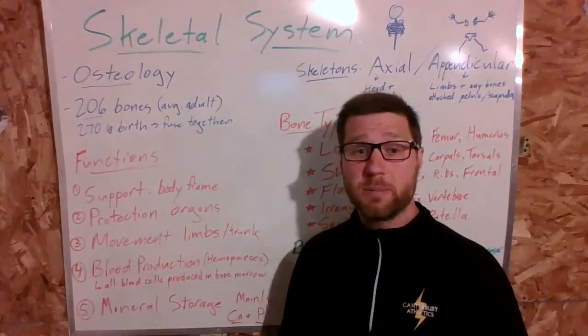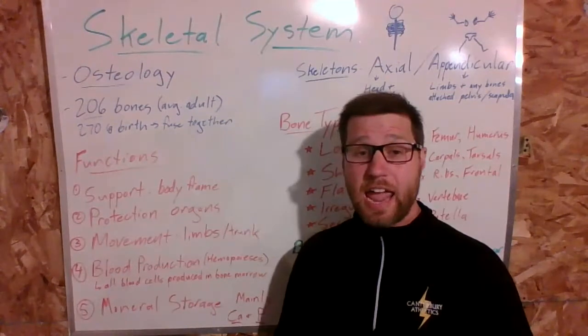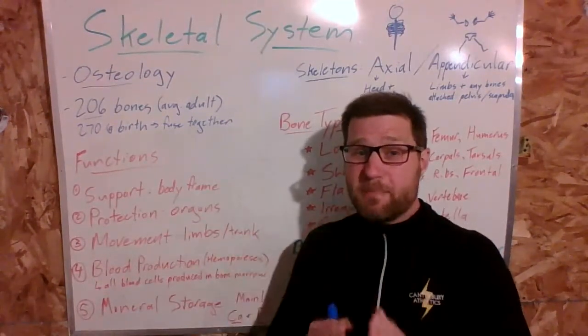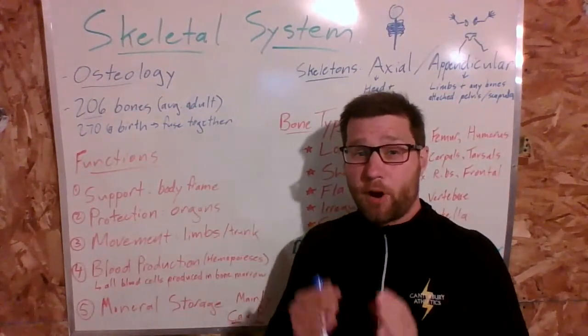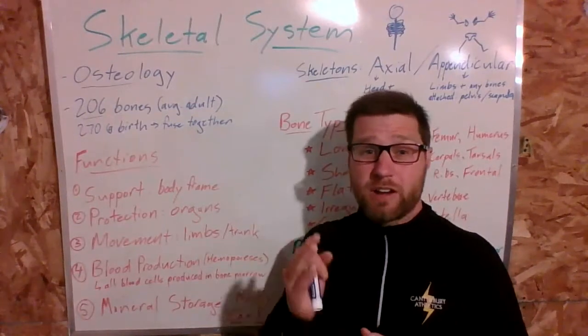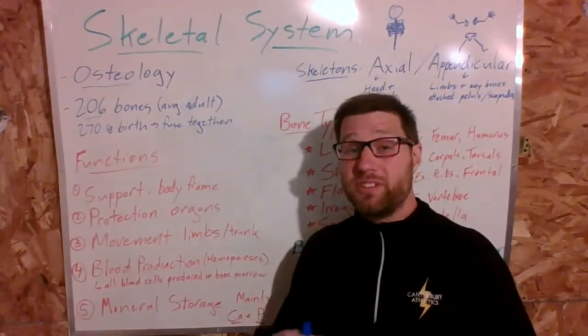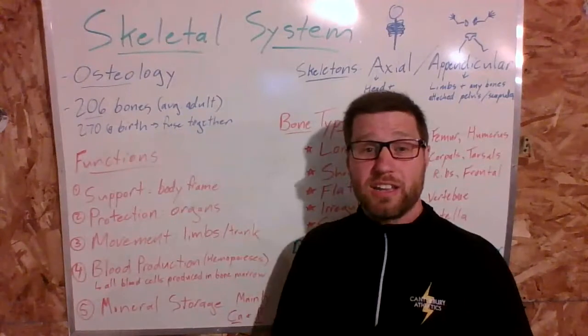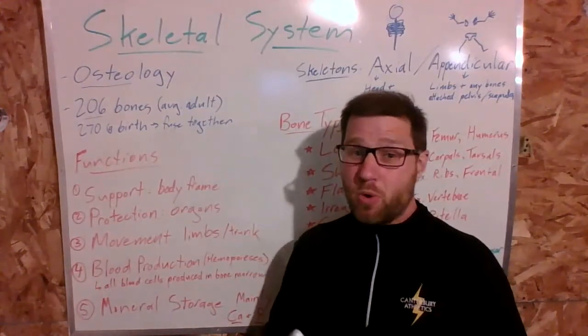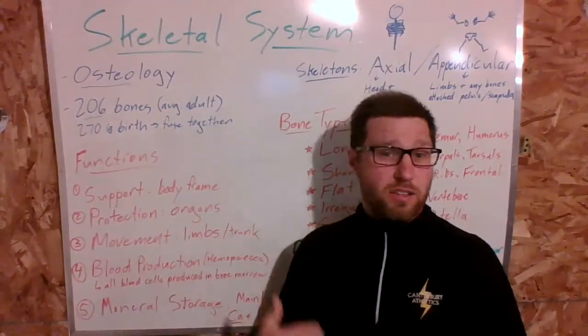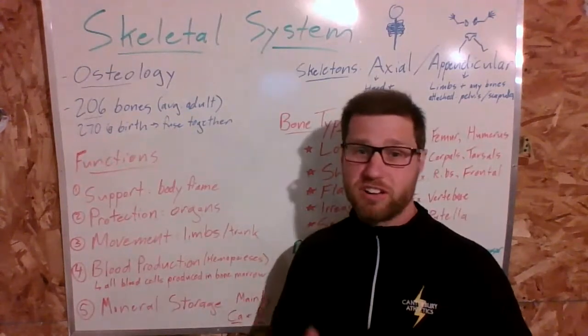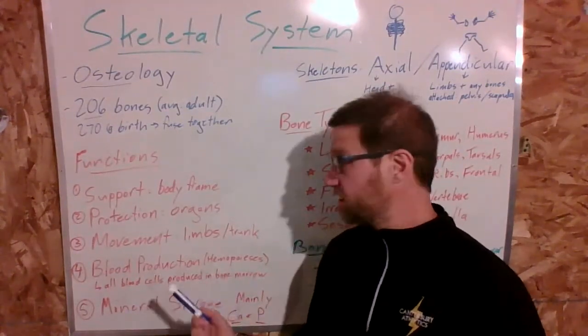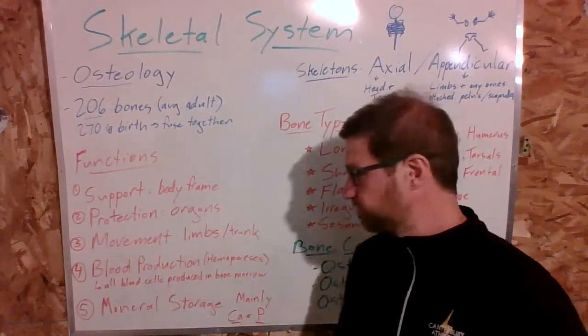It happens in the bone marrow specifically, in the very deep part of your bone called the medullary cavity. Your bone marrow's job is to produce the blood in your body. So your oxygen transport, your nutrient transport, everything is happening, and it starts in your bones.